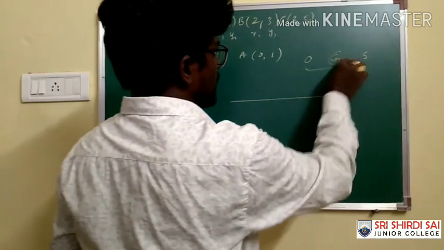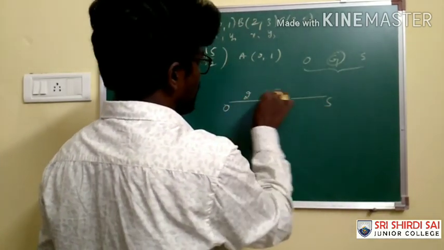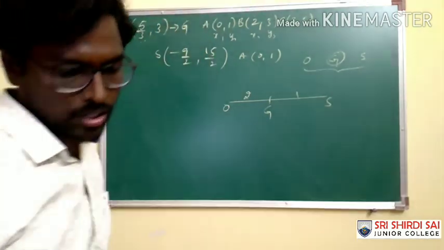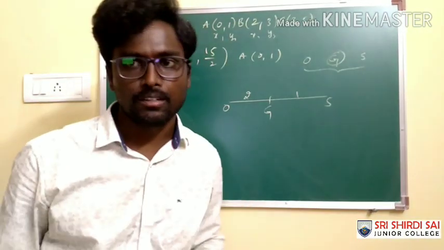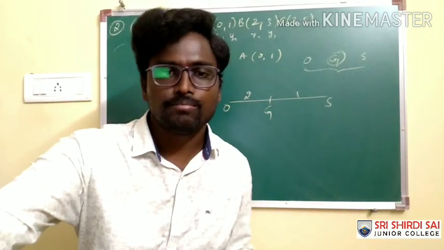And the centroid divides the orthocenter and circumcenter in the ratio 2:1. In what ratio? 2:1. This is a new point. Please note down the point under the important case.